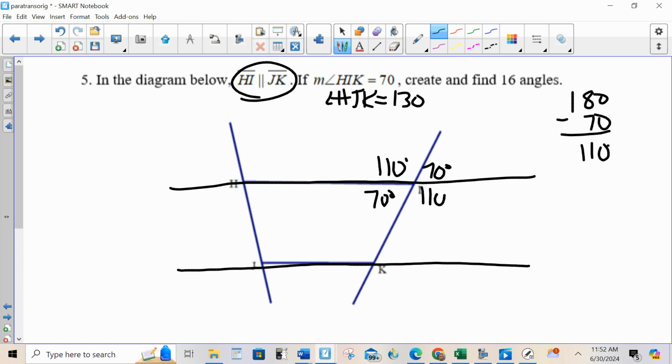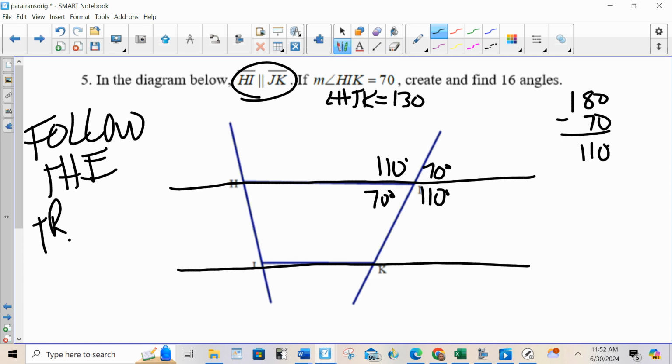Now, the question is, I know there's going to be more 70s and 110s. The question is, where are they? And the answer: follow the transversal. The transversal is not the parallel lines, it's the line hitting the parallel lines. So what transversal is touching those 70s and 110s?